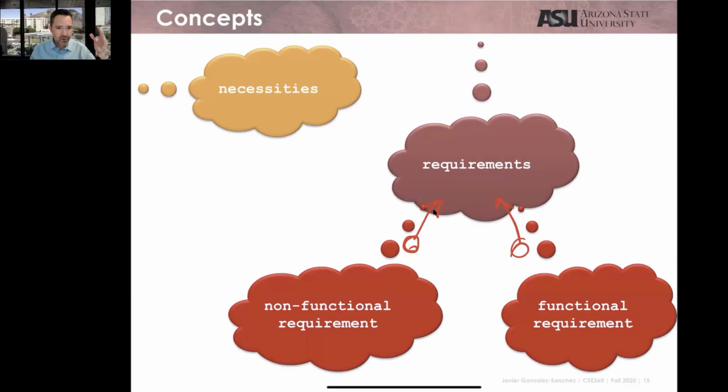It could be useful for you to remember that. Again, I am not expecting you to memorize the diagram, but I need to be sure that if I mention speed, speed is a quality. Why? Because it's about performance, right? Usability is a quality. Using Java as a programming language is a constraint.